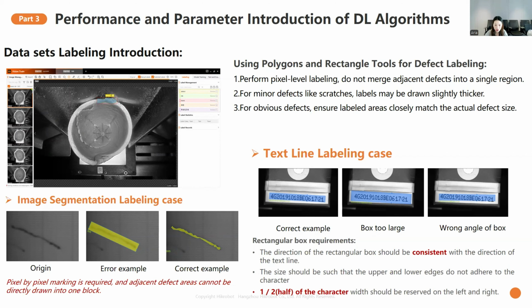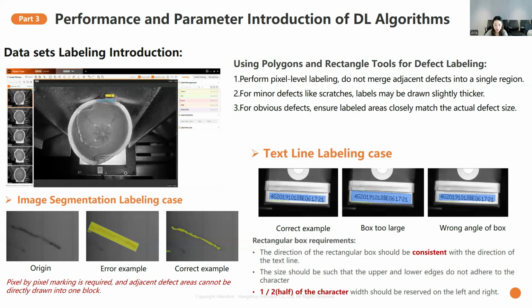So please have a look at the following requirements for the rectangle box during labeling for the OCR algorithm. The first is that the direction of the rectangular box should be consistent with the direction of the text line, like this correct example. The second is that the size should be marked so that the upper and lower edges don't adhere to the characters.